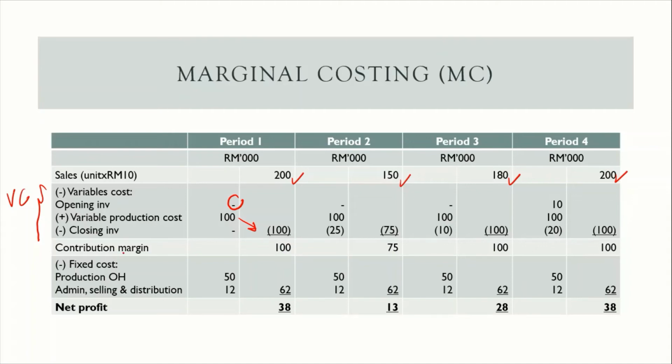Okay, so the fixed cost, production overhead and admin, as stated in the paragraph, is as shown. And you just deduct 100 with the total of the fixed cost, and you will gain 38,000. Okay, so that's the profit for period 1.